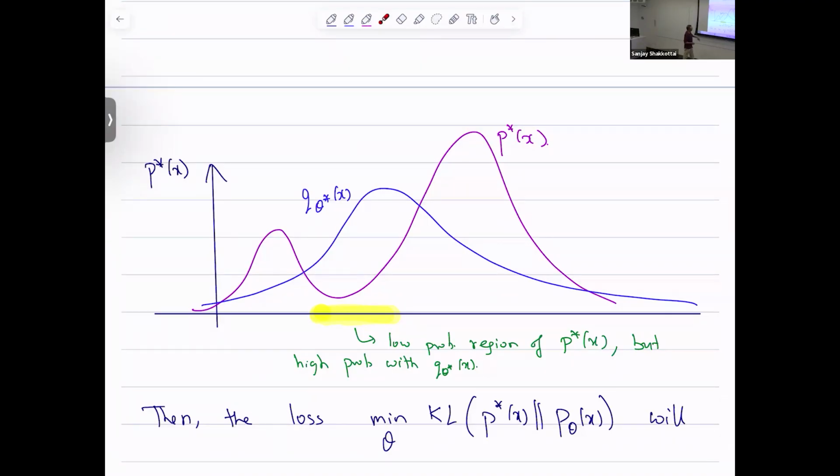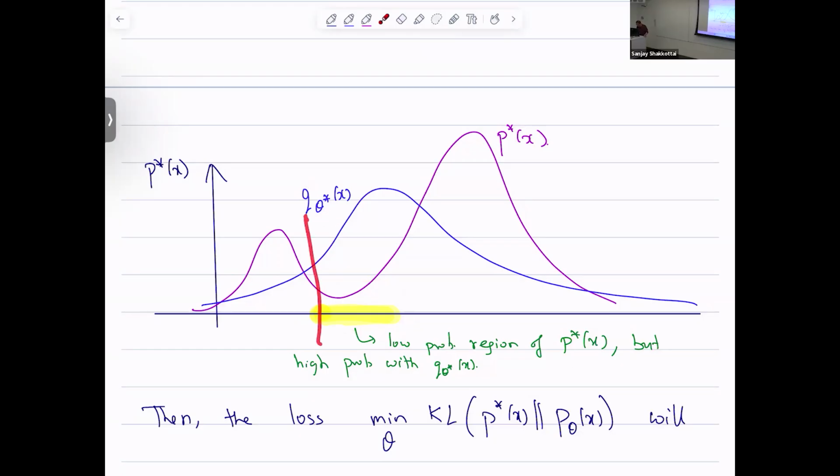It will basically make sure that over high probability regions of P star, the two peaks of the mode, you want to have as much of Q star as possible. Okay, even if the penalty is that over low probability regions of P star, Q theta star is large.